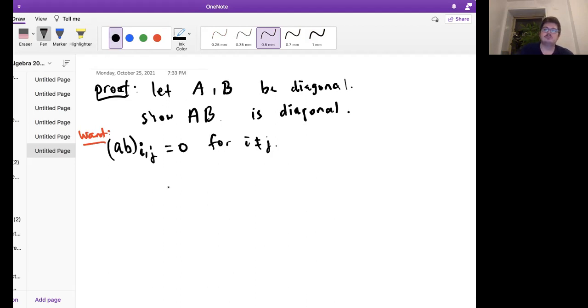So what is (AB)ij? Do you know what it is? You don't have to give the whole thing, but would you know how to write that? Remember, it's not just the product of A and B, right? It's matrix multiplication. It's a bit more involved of a definition.